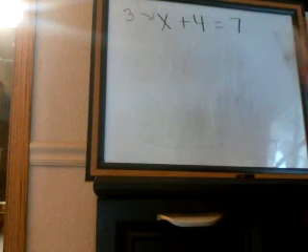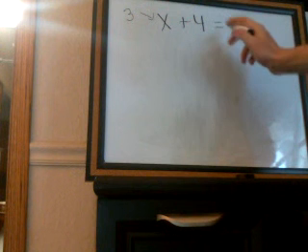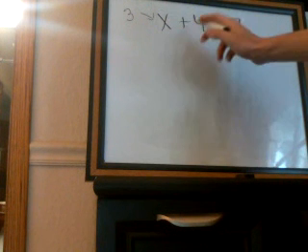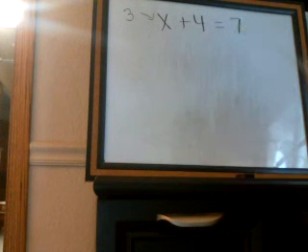We know that in this problem, where it says x plus 4 is equal to 7, the equal sign is telling us that the total amount on the left is the same as the total amount on the right. And the total amount on the right is 7 because that's the only number on the right side.